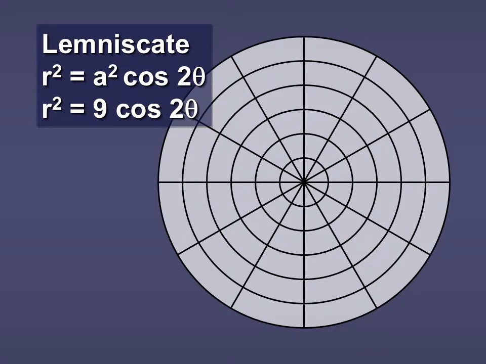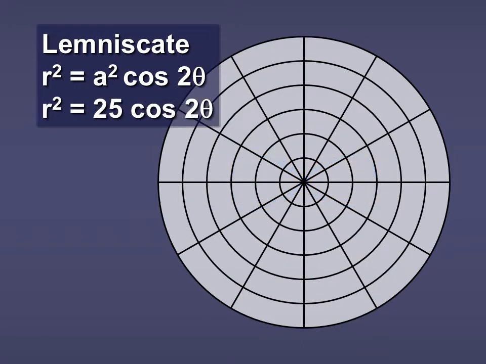So let's look at r squared equals 9 cosine 2 theta. It's going to be a figure 8. And notice that the distance from the origin is 1, 2, 3, and our a value is also 3 because 3 squared is 9. So that's something that can help you when you are trying to graph your lemniscate. The a value will help you tell how far away from the origin you should be.